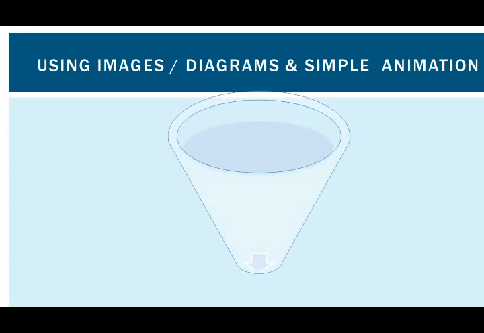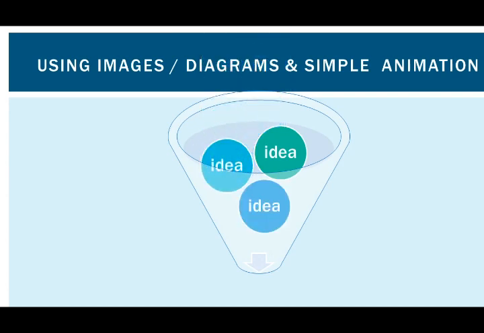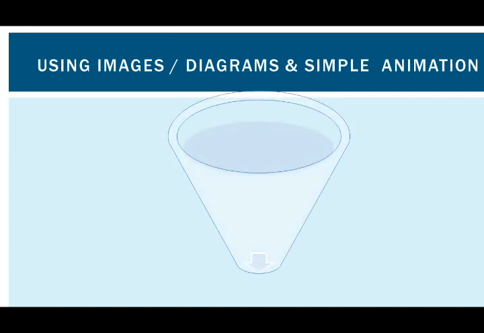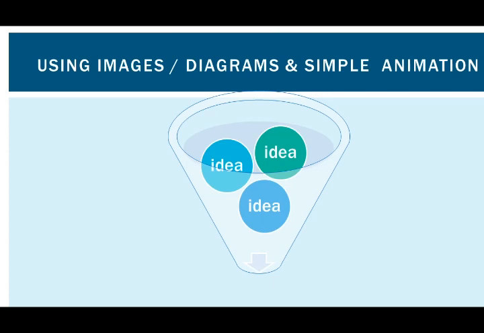For example, this is a diagram. There is idea 1, idea 2, idea 3, and you expect to get a result out of it. So the animation should show you the process. There is an arrow here. The whole animation helps to focus your explanations and draw people's attention.